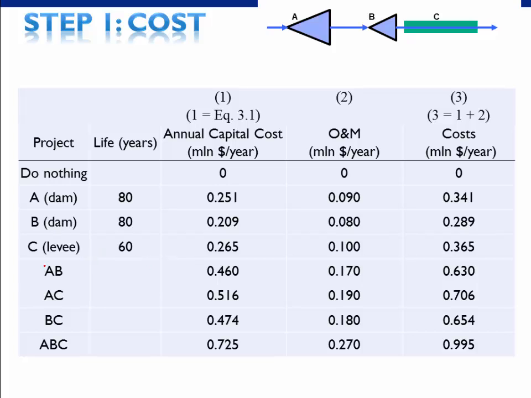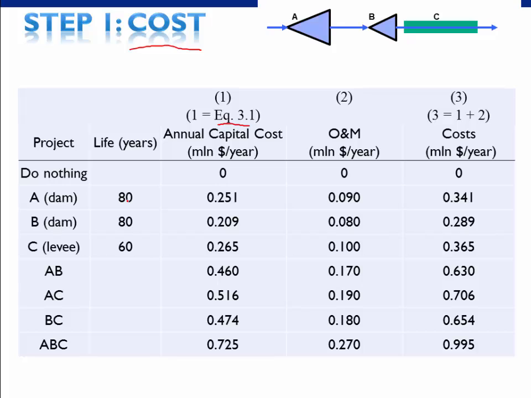So in this case, for estimating the cost, what I'm doing is, I think this is equation 3.1, what you're seeing here. So in this case, I'm using equation 3.1.